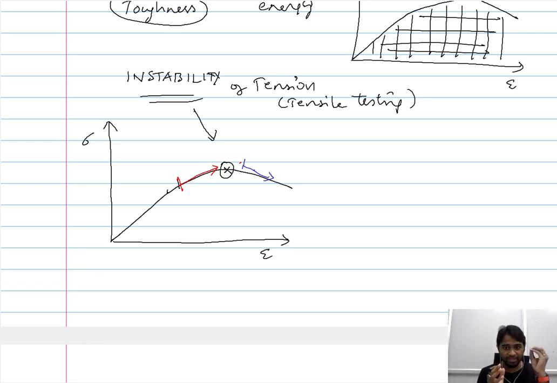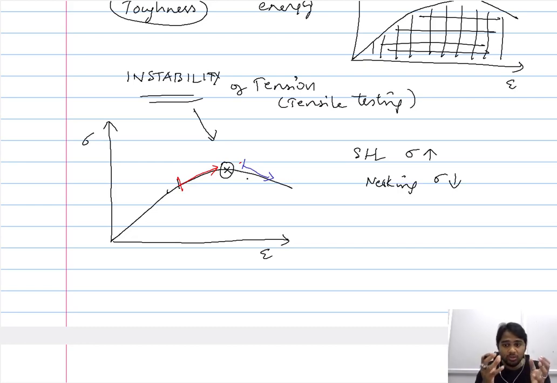Let me repeat: strain hardening increases the stress that is required for plastic deformation. However, necking, by decreasing the cross-sectional area, decreases the stress that is required for plastic deformation.